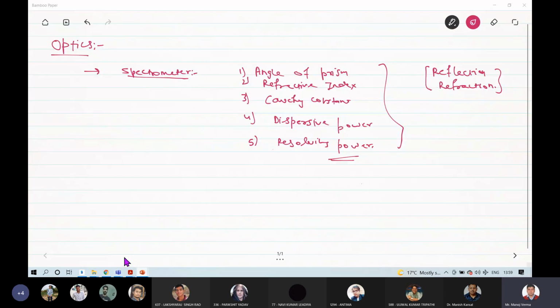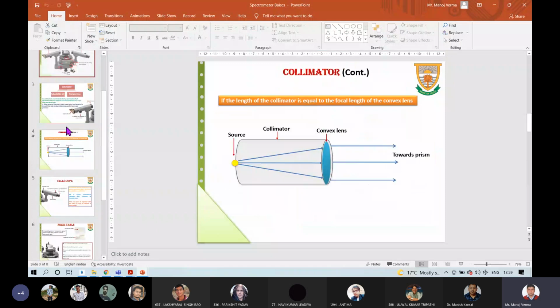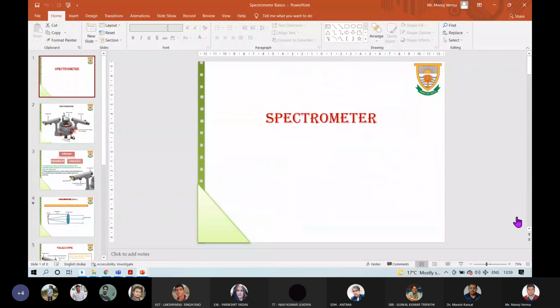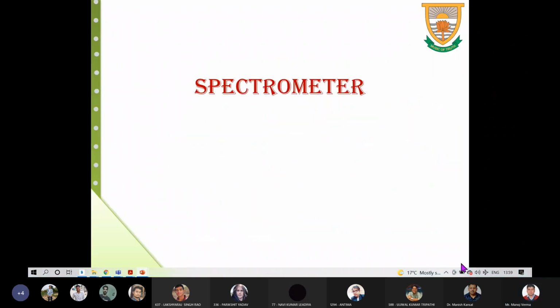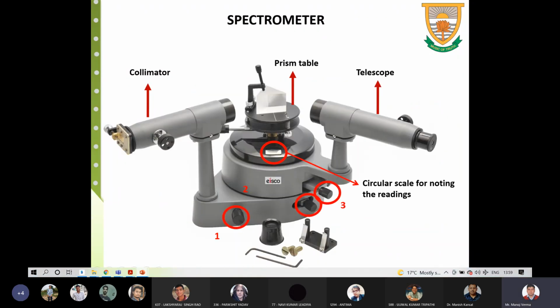So this spectrometer, see, this is the picture of the spectrometer. There are various components in this spectrometer. The major components are the collimator, the prism table, and the telescope.